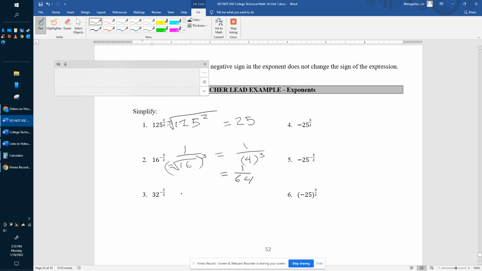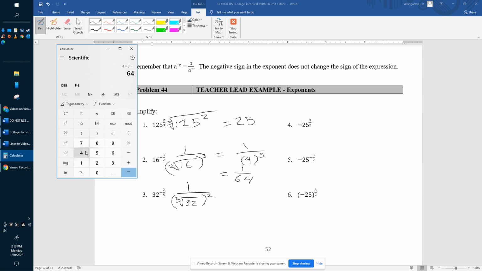32 to the negative 2/5. Again, a negative sign in the exponent. We're going to go 1 over. Let's see here. How do we want to do this? Let's take the fifth root first. And then square it. It's easier to square a smaller number. So let's see what the fifth root of 32 is.